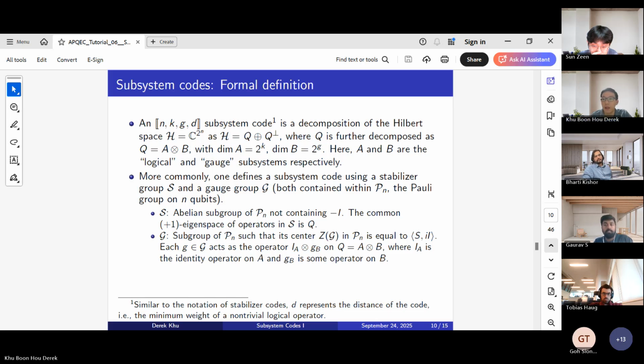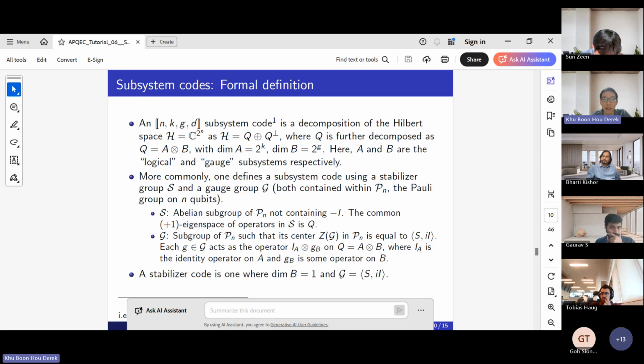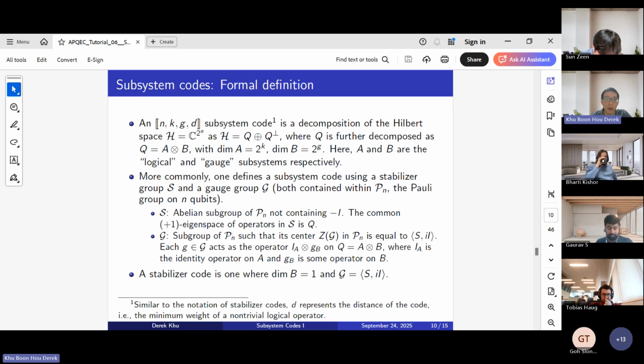In practice, we would measure things in G. A stabilizer code is a special case of this subsystem code where B is just the identity, which means B is a one-dimensional space.